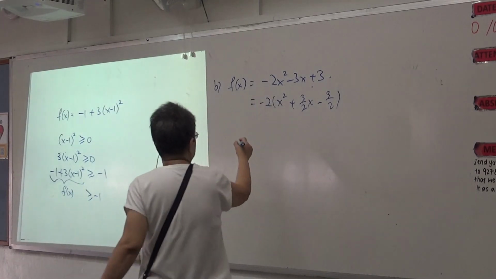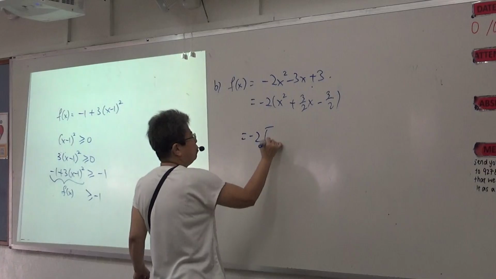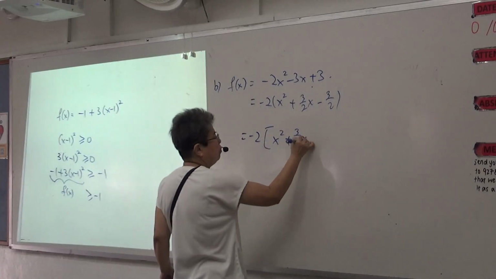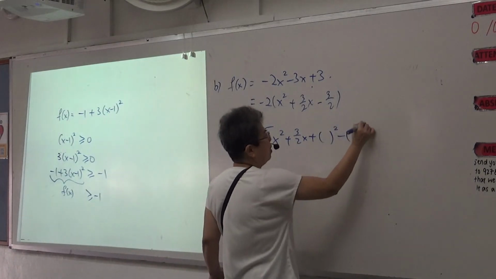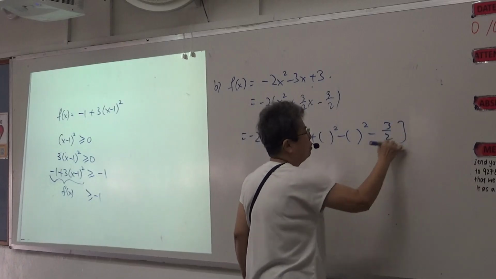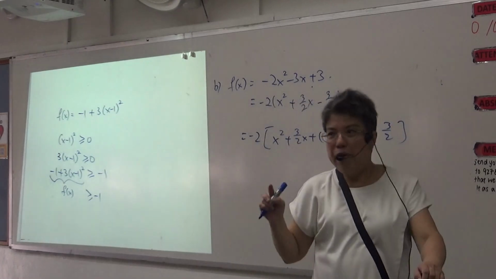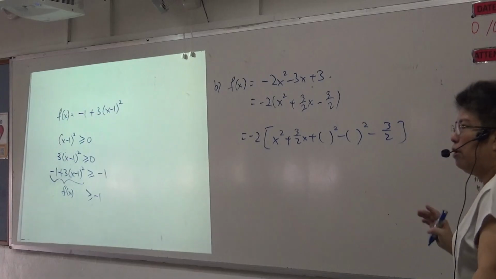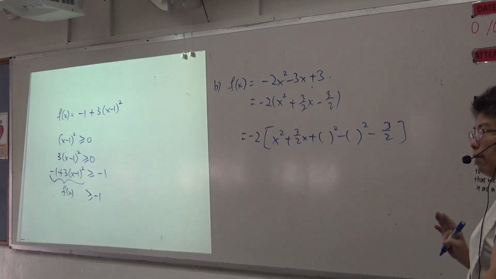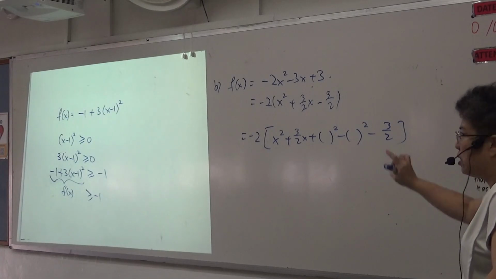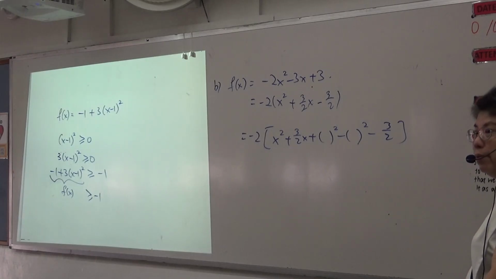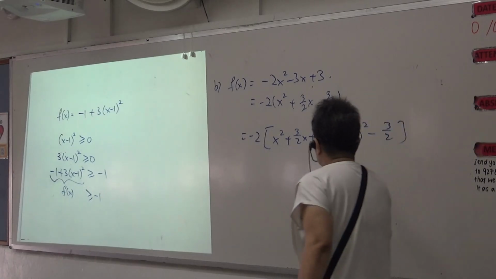So, this will be negative 2 times (x squared plus 3 over 2 x plus something squared) minus something squared minus 3 over 2. Now, remember in Emaths I told you, divide by 2 is the same as times what? Half. So what is 3 over 2 times half? 3 over 4. Very good.